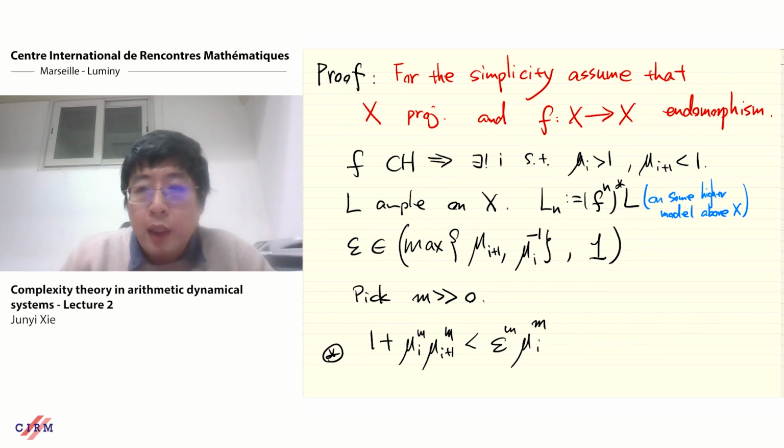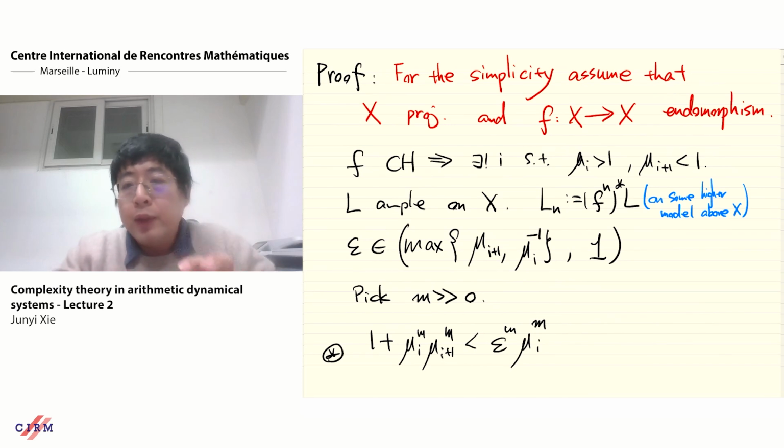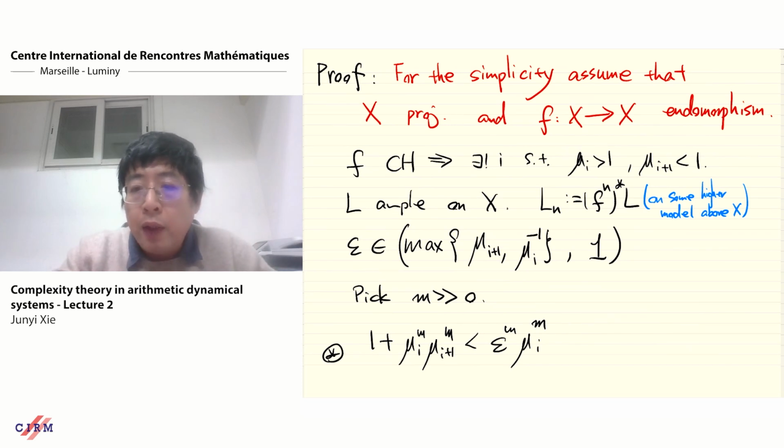Now we fix some ample line bundle L on X, and as before, we define L_n to be the pullback by f^n of L. If f is a rational map, then this L_n is defined on some higher model above X. But here we assume f is an endomorphism, so this L_n is a line bundle.